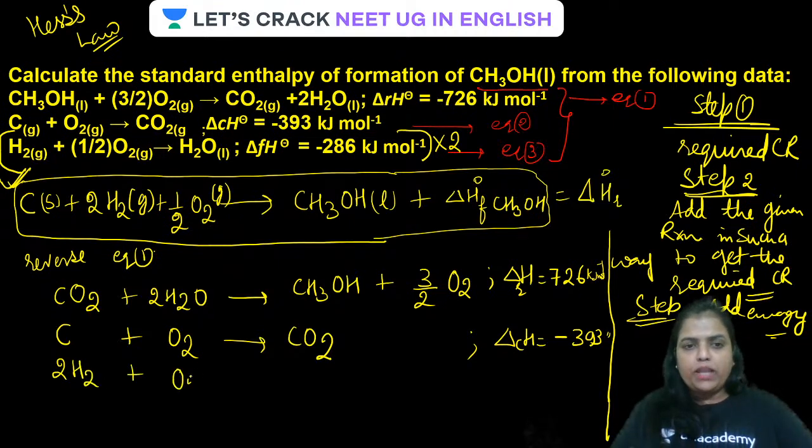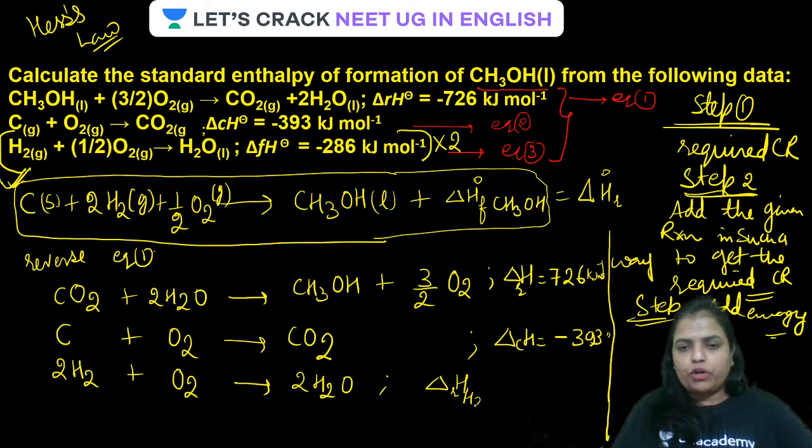1 mole of oxygen will give 2 moles of water plus the heat of reaction. This is actually the formation of water, no matter. So the heat of formation, or simply the heat of reaction, will be for the water molecule.